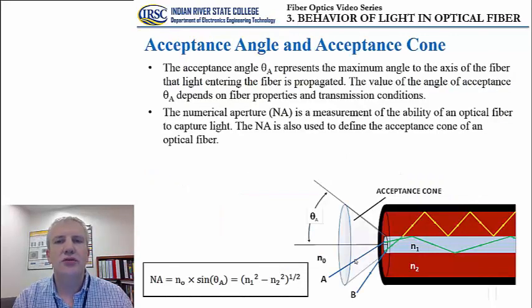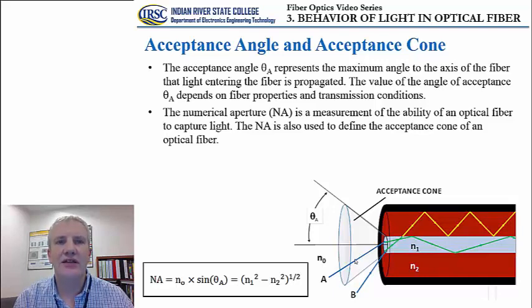It's also important to touch upon the so-called acceptance cone, or the subject of how the light is launched into the optical fiber. To achieve the launch of the light into the optical fiber, some form of light source is used, such as a laser diode or some other type of laser.